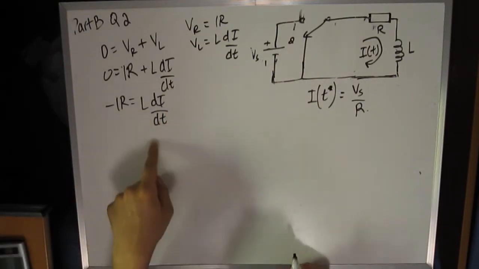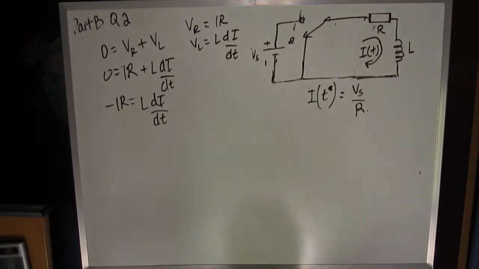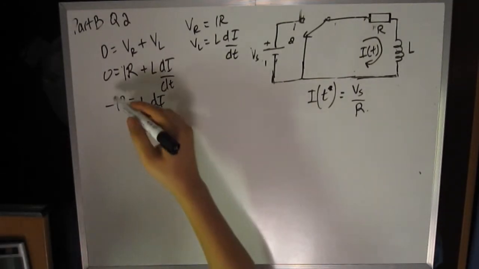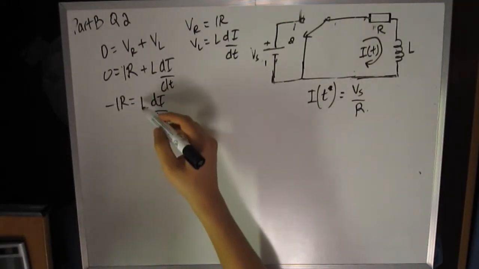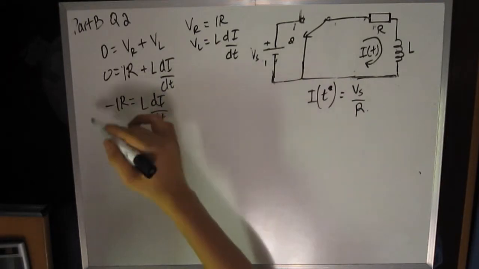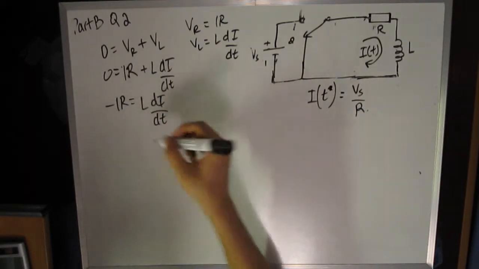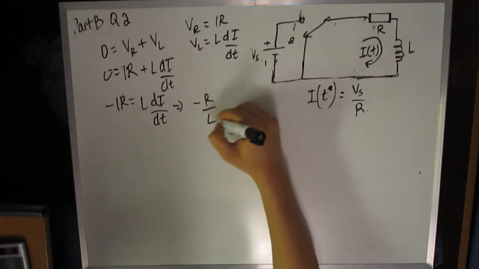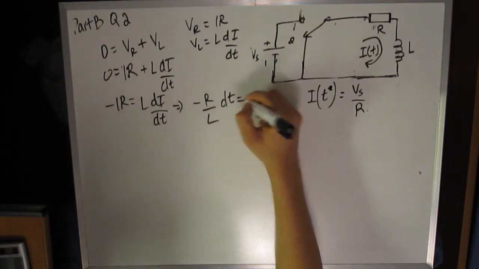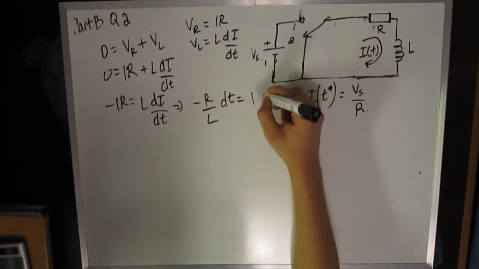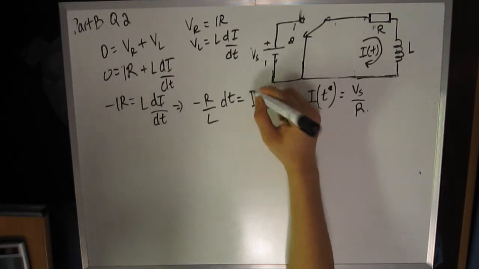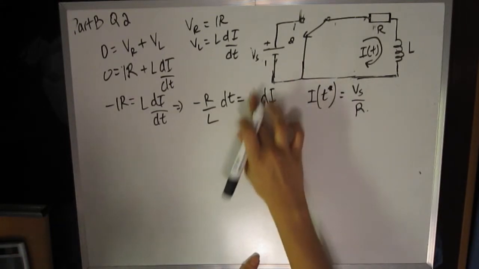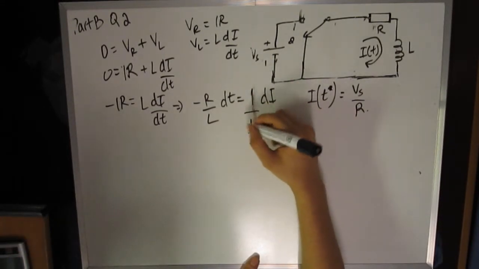Now it's a basic separable equation where you can multiply both sides by dt and divide both sides by I and L, so you get L to the other side, I to one side, and dt to the other side. So your equation looks like negative R over L dt is equal to 1 over I di.